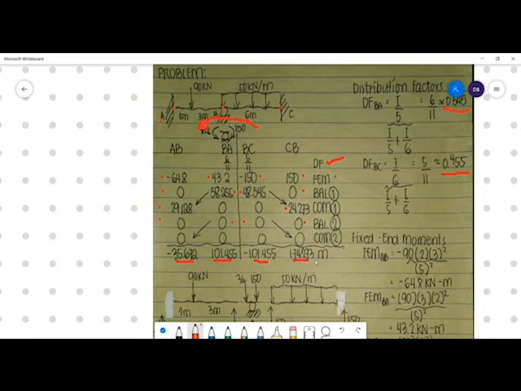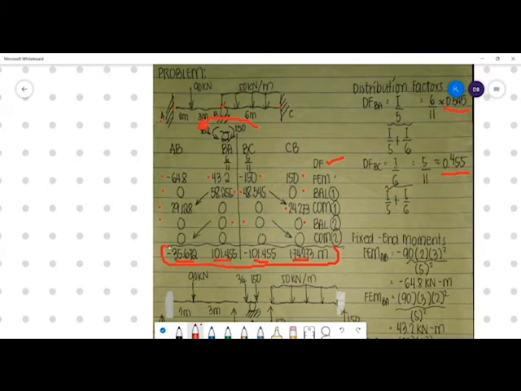These are the final moments. We expect BA and BC to be the same, the only difference is the sign convention, meaning the direction. Here are the fixed end moments, so these are our final answers for the moment.